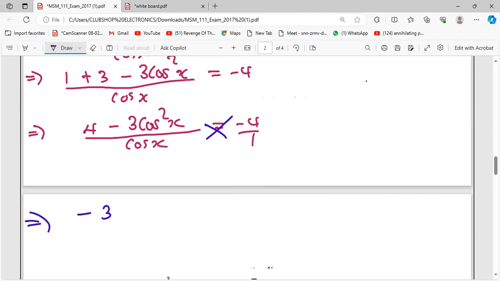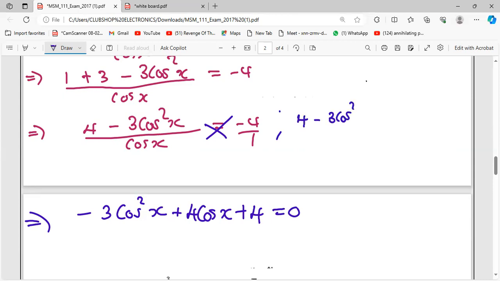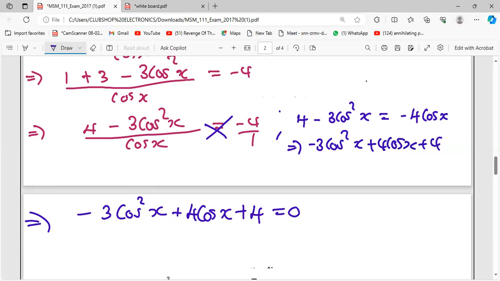So we have negative 3 cos squared x plus 4 cos x plus 4 equal to 0. What we do is that we have minus 3 cos squared x equal to negative 4 cos x, so if you rearrange, you have negative 3 cos squared x plus 4 cos x plus 4, and the answer is 0.